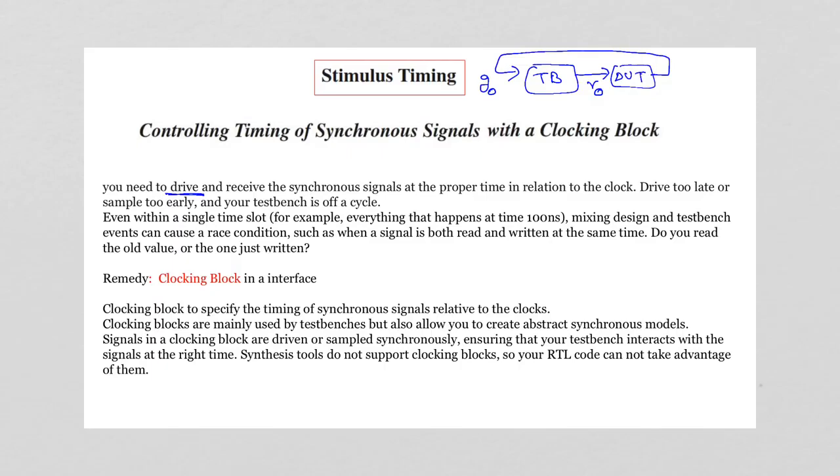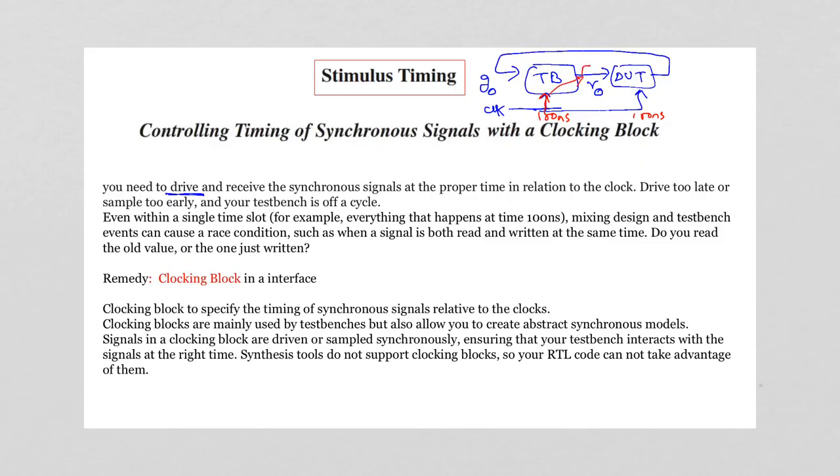This is if you are applying the same clock for both. They are synchronous signals, so you are applying them with respect to the clock. If you are applying exactly at the same time, this is also 100 nanoseconds, this is also 100 nanoseconds, whether you are going to sample the old value or the new value, that means this R0 may be updated exactly at this clock edge.